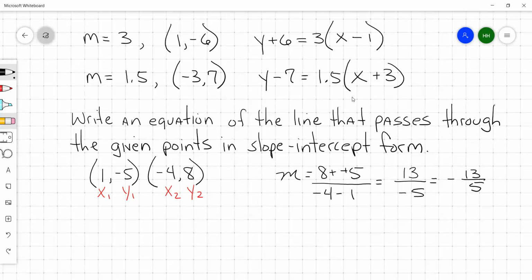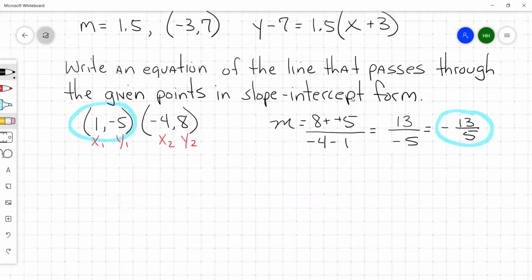Now, next step, we're going to pick this first point. And we've got an m. So here's what we're going to do. We're going to write this equation as y equals mx plus b. What we're doing is using the format for slope-intercept to find the b.